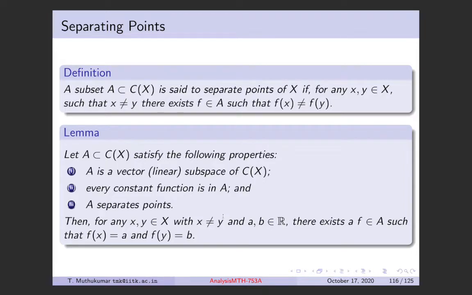Okay, we were doing the proof of the following lemma here, which got interrupted. So what we were doing is that, given a subset satisfying these three conditions, we need to show that for any distinct points, you can find a function which can take the desired values on the distinct points.